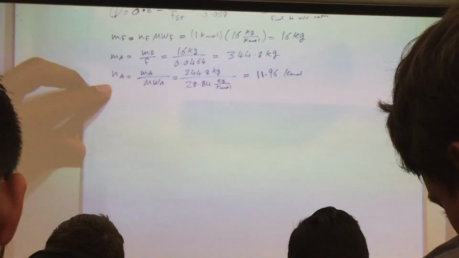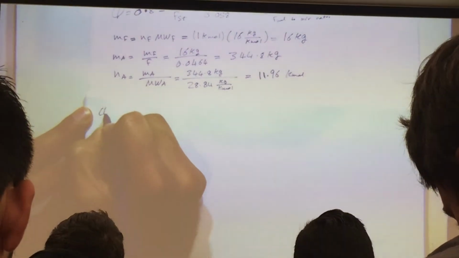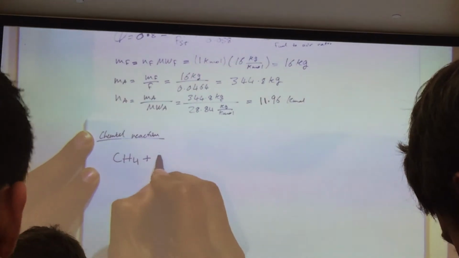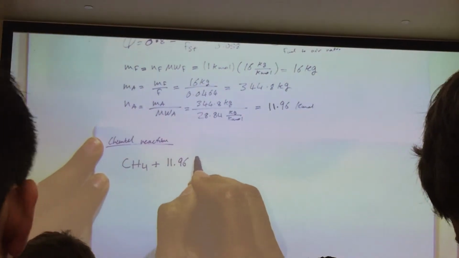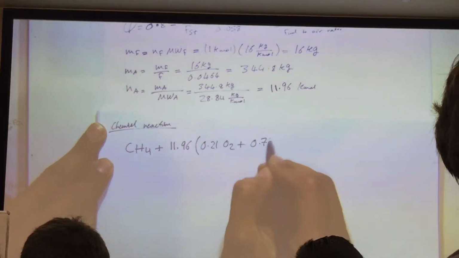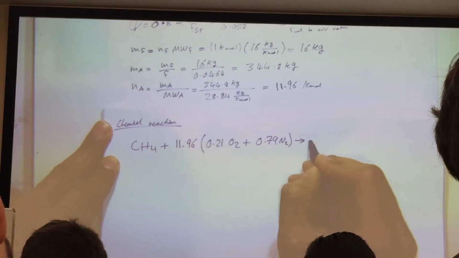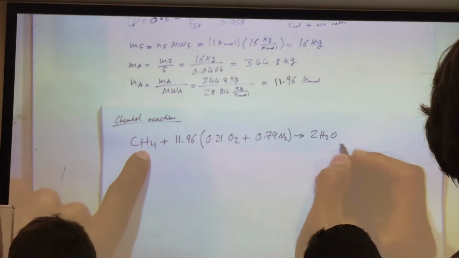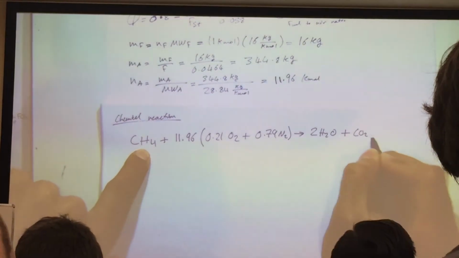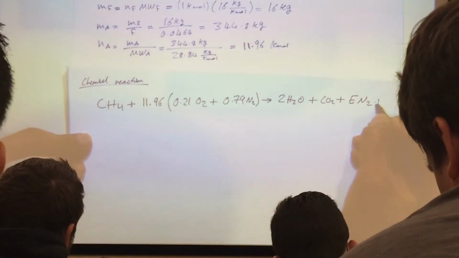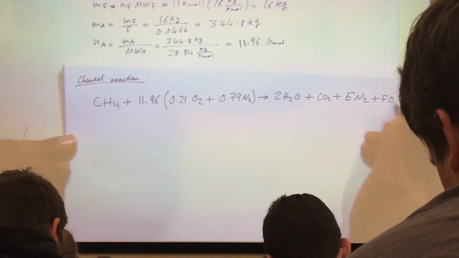So from that, I could write my chemical balance equation. My chemical reaction is CH4 plus 11.96 multiplied by my 0.21 of oxygen plus 0.79 of nitrogen, and that will give me 2H2O plus CO2 plus E of nitrogen, because I've got excess oxygen and nitrogen that I'm not burning, because it is lean, so there's too much air.